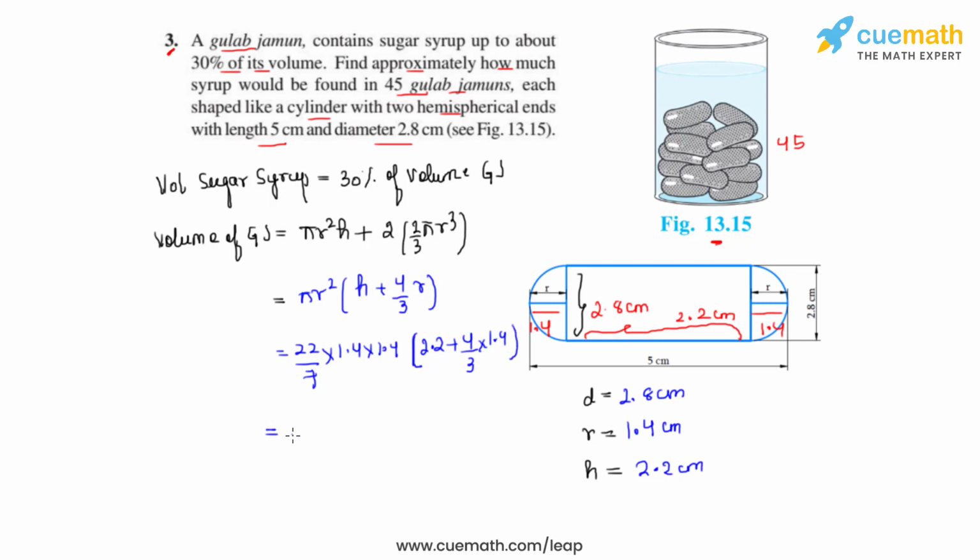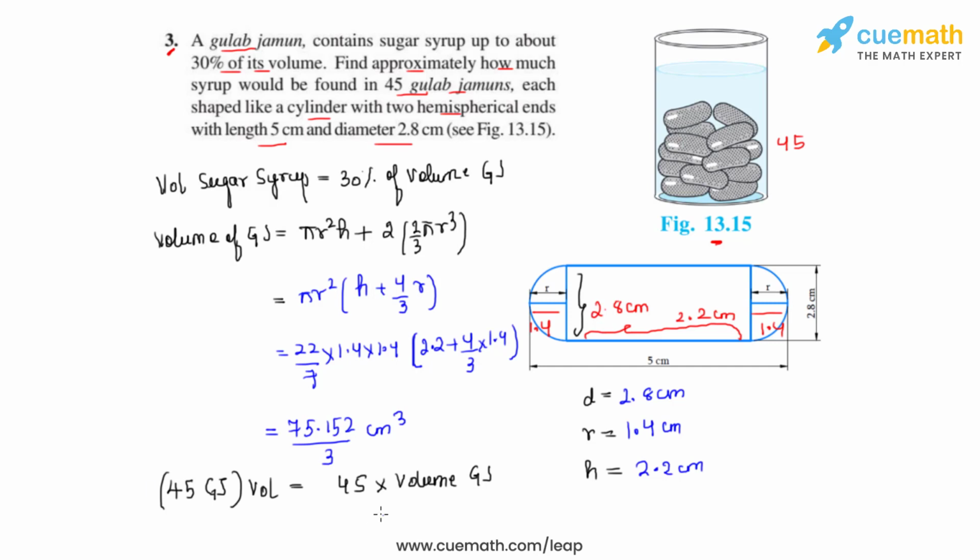That on further calculation will give us 75.152 divided by 3 centimeter cube as the volume of one gulab jamun. And like that we have 45 gulab jamuns. So the volume of 45 gulab jamuns will be equal to 45 times the volume of one gulab jamun.